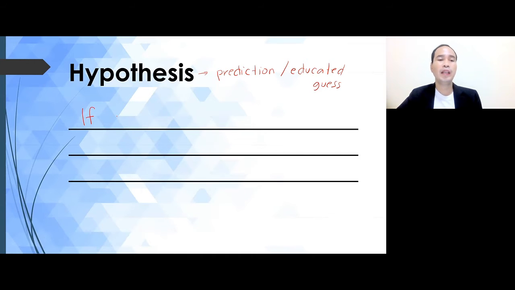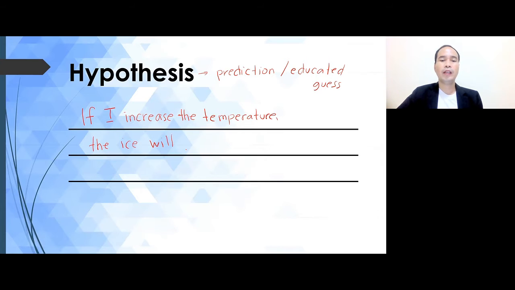For example, if I increase the temperature, the ice will... okay, you will be the one to continue this one. You can have one hypothesis or many hypotheses if you want to, okay?